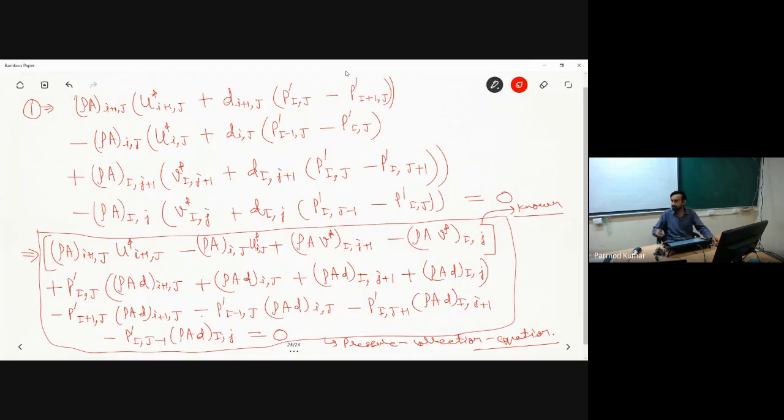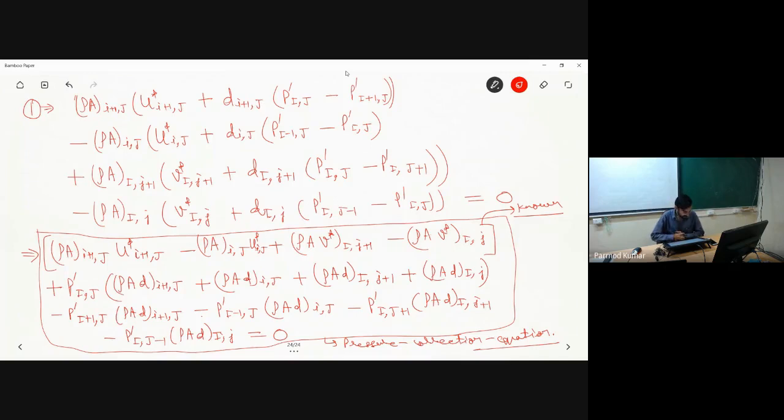Can you tell me how it is known? Yes, because it involves all the star values, and star values are actually obtained corresponding to the guessed value of the pressure. Apart from that, it is having p dash ij. So p dash ij is the node at which we are calculating the pressure correction, and that becomes a function of nothing but the surrounding nodes of the scalar.